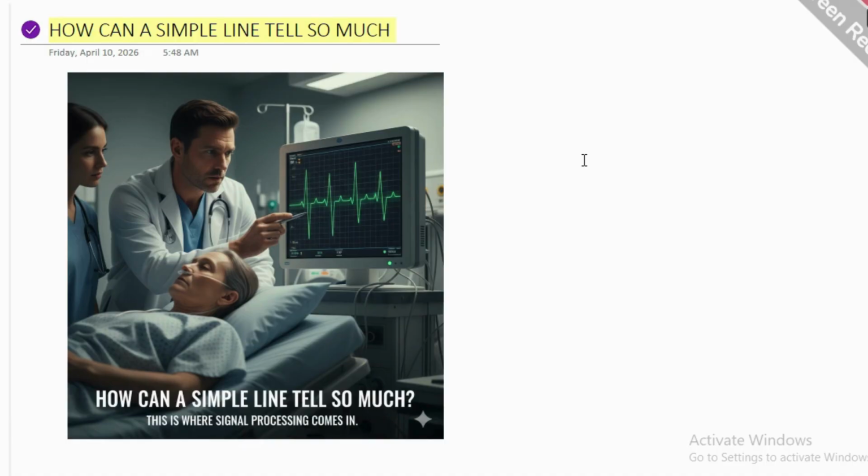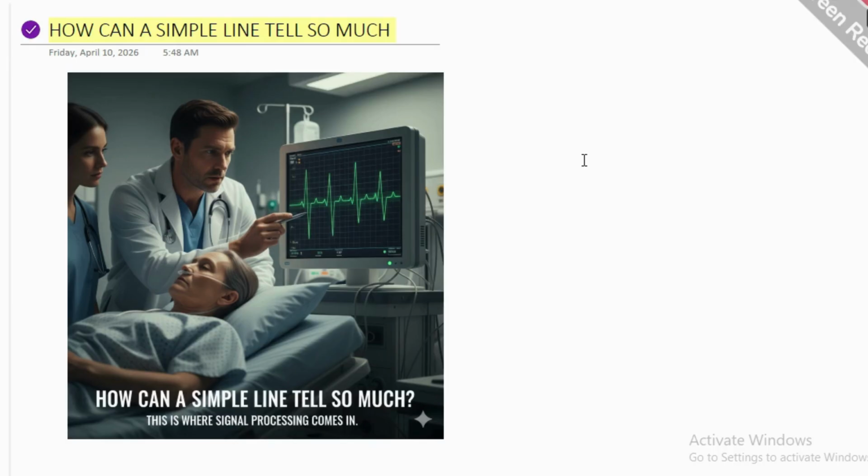The first topic is how can a simple line tell so much? Imagine you are sitting in a hospital room and a patient is lying on the bed and next to him there is a machine. On the screen, a line is continuously moving up and down. The doctor looks at that line for just a few seconds and says, the heart is beating normally.